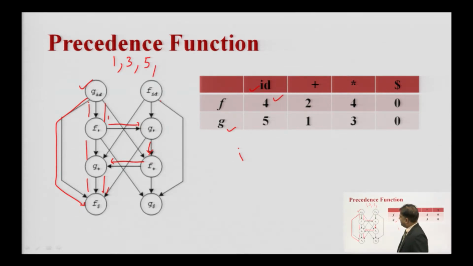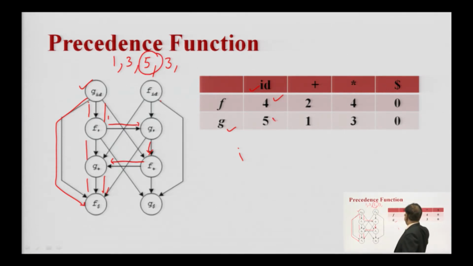Another possible path is G I D to F plus to G plus and F dollar, that is again 3. So, I check all the possible paths which can be derived starting from the G I D. The longest path here is 5.